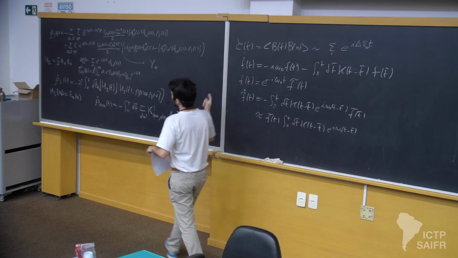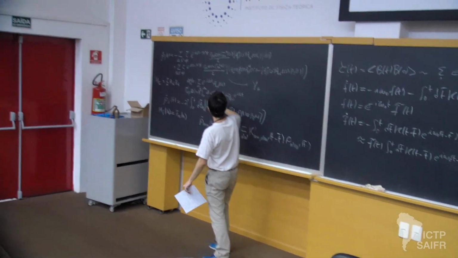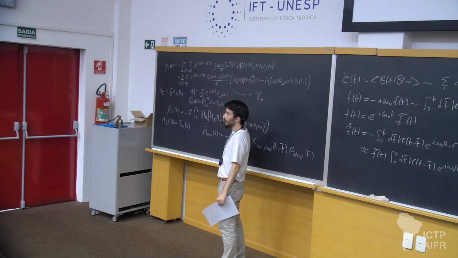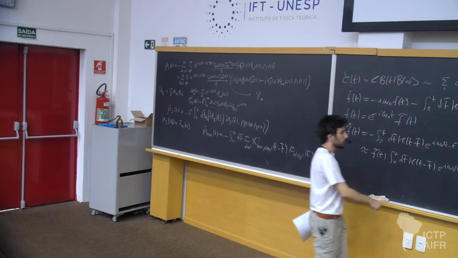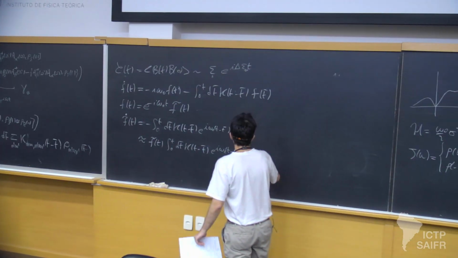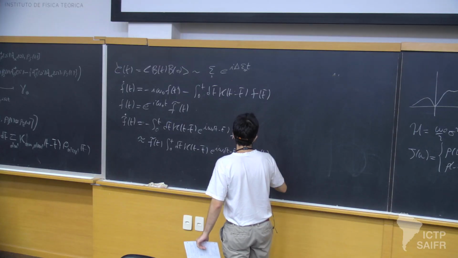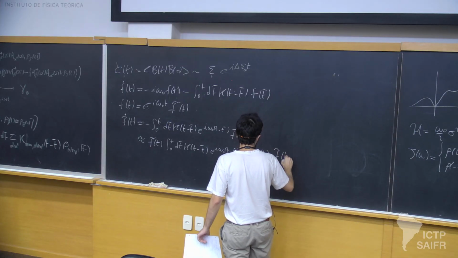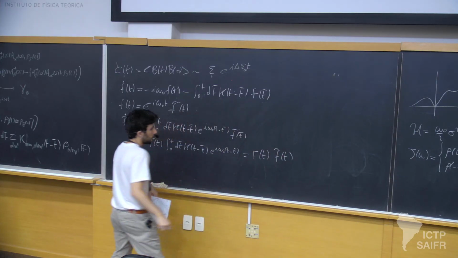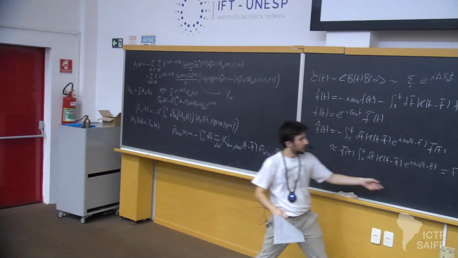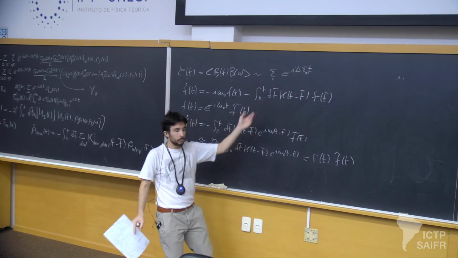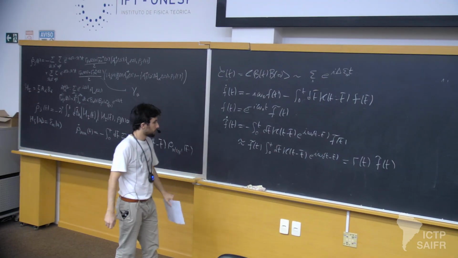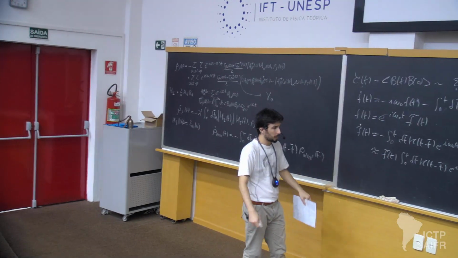And if you look at this, you should see that it's basically the same object. It's one of these big gammas. And this is, let's say, the equivalent of Redfield for this toy model, which can be solved.